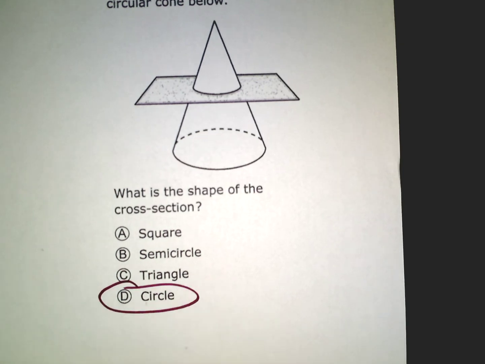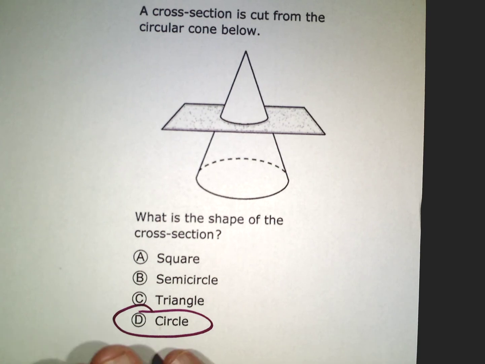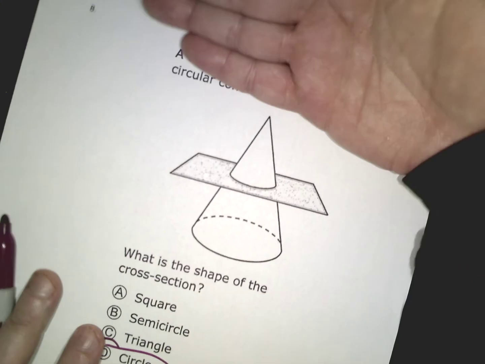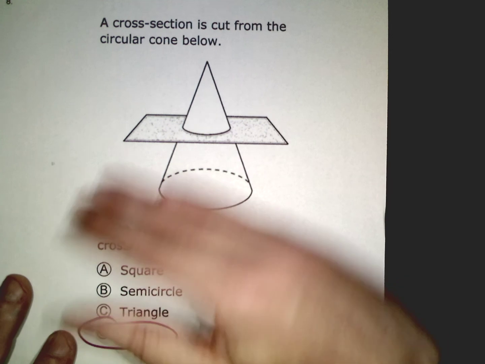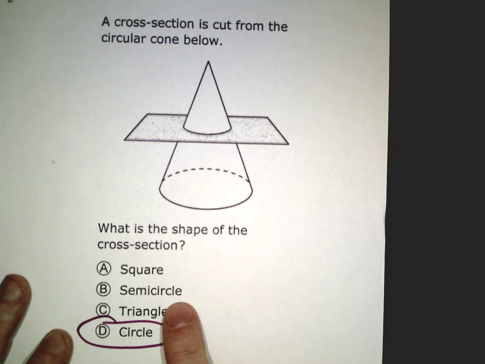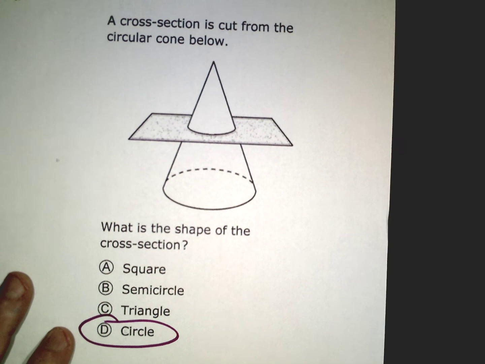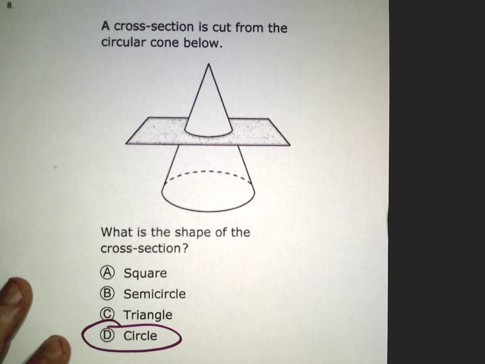Now, to also take into account, could you have a triangle? Well, you could have a triangle with this shape if you cut from the top all the way down, straight through the middle. Could get a triangle that way, but not this way you're cutting. A semicircle, I think, would require 2 cuts. Maybe if you cut this way, then you cut that way, you might get a semicircle.